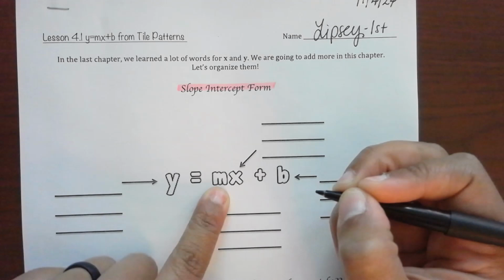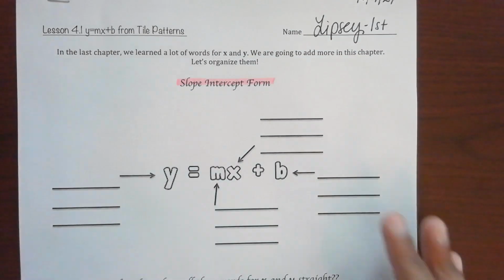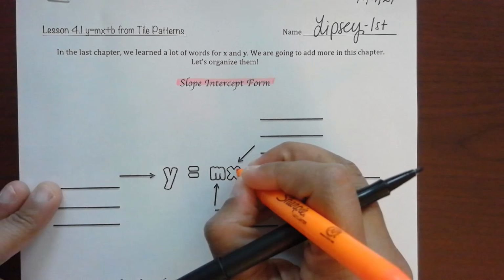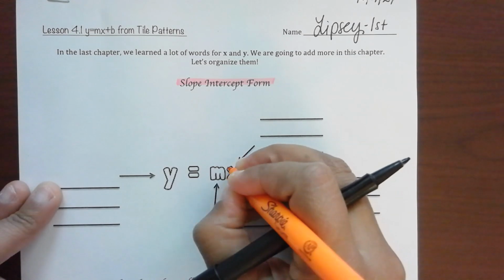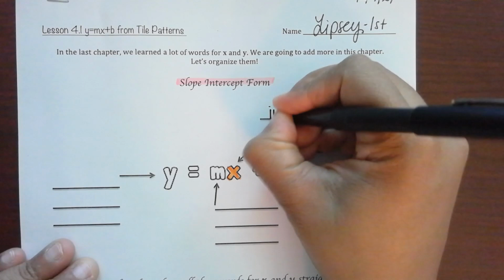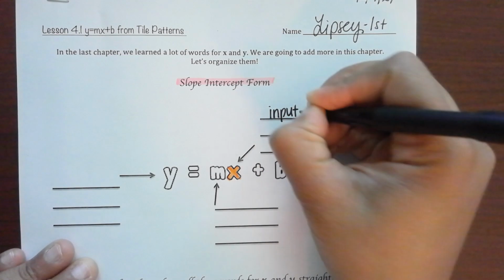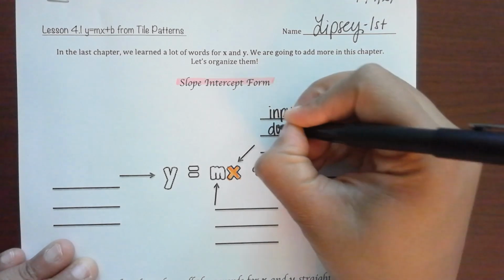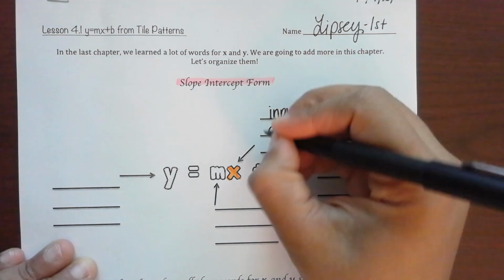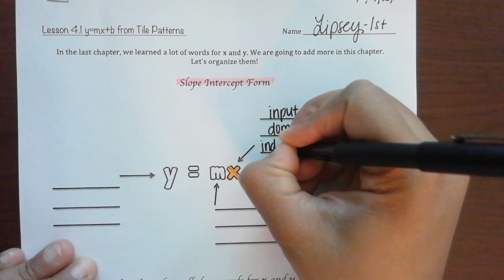We're going to first look at x. X is important on its own because it is the piece that makes everything become what it is. It's called the input, the domain, or the independent variable.